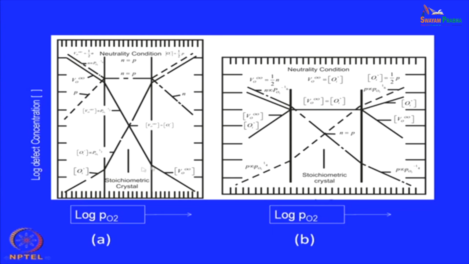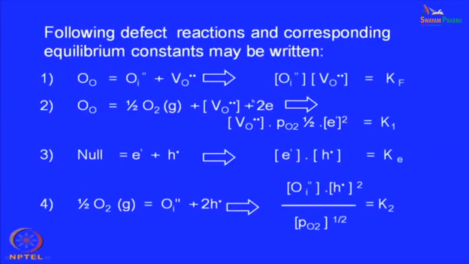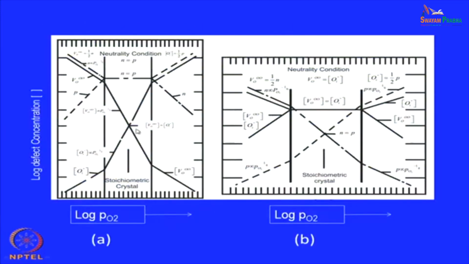Okay. So, these intersections, this is an intersection of actually K1, okay. No, this is Kf, okay. Sorry, I will tell you, this intersection is Kf, this is oxygen vacancy and oxygen interstitials, that was the equilibrium constant for that, and here it is Ke, okay, where the concentration of N and P is the same.